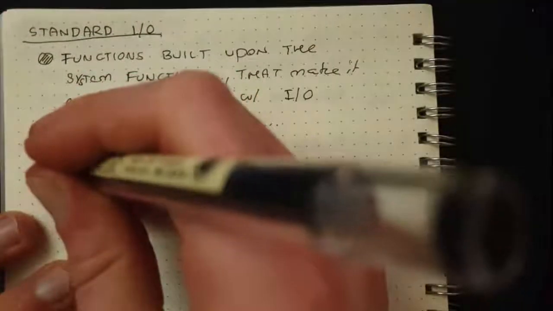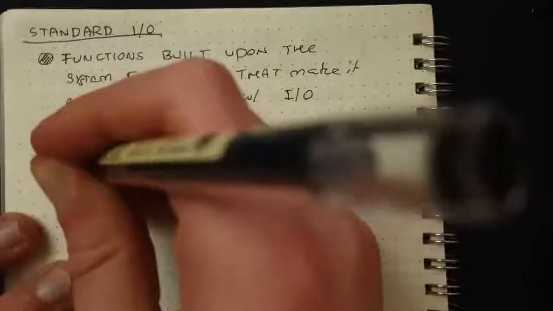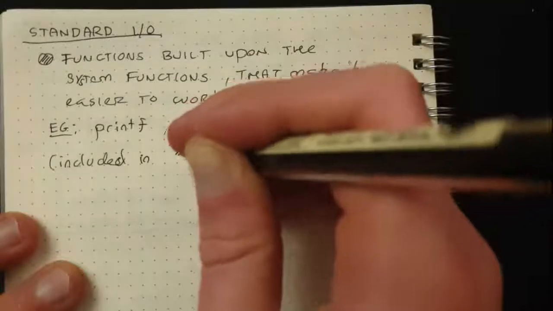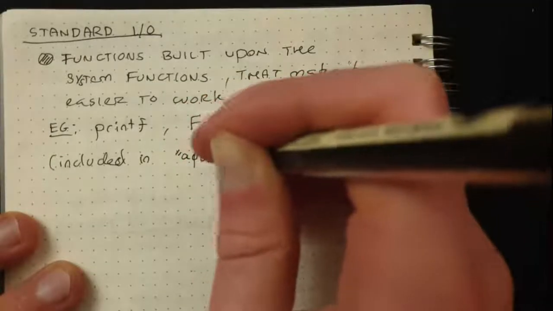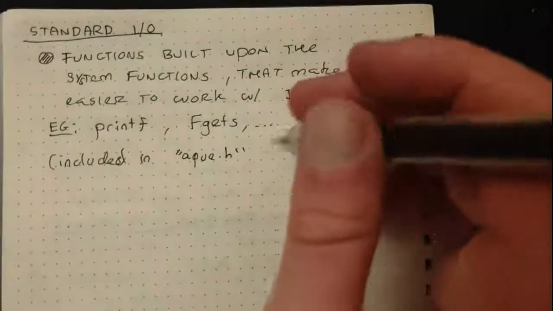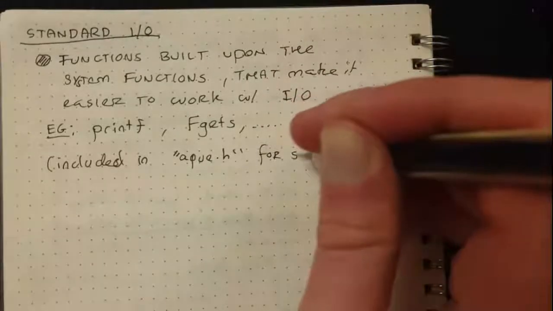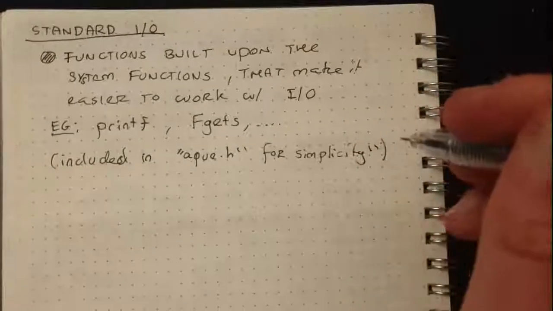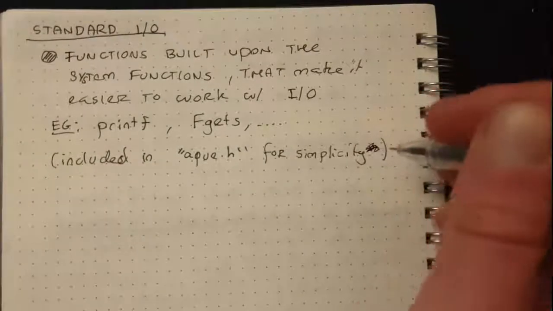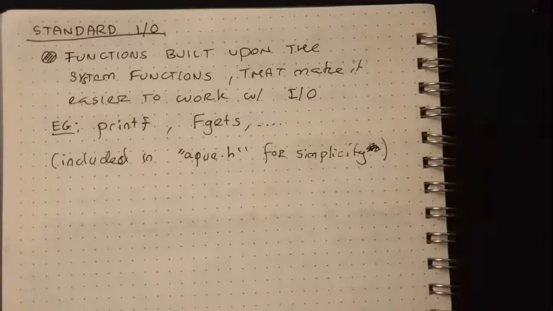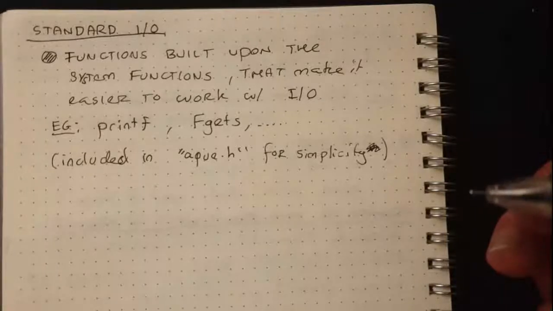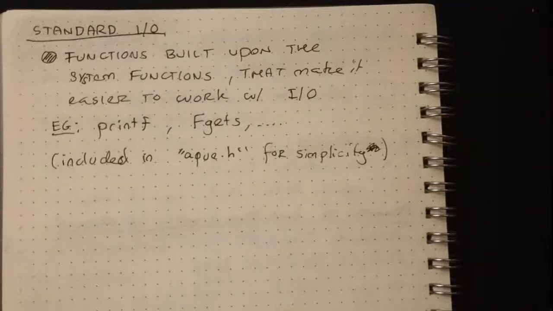And as part of the book, that's included in apue.h for simplicity, as well as to just reduce the amount of code we have to write.